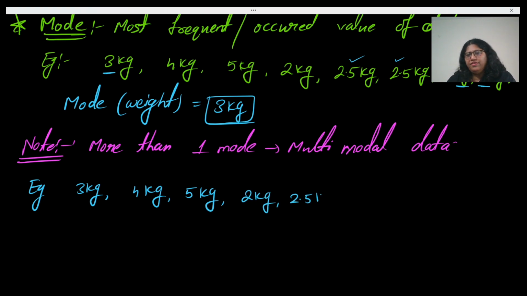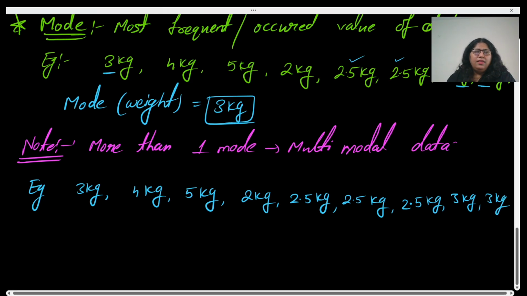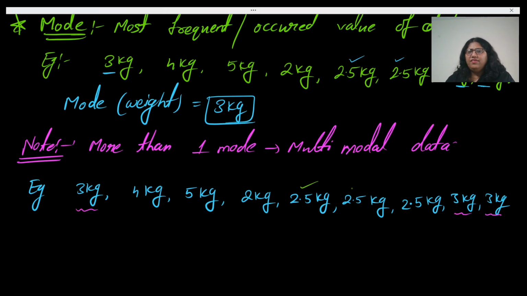Here 2.5 kg, 2.5 kg, and one more time 2.5 kg, and 3 kg and 3 kgs. Now in this data, 3 is coming 1, 2, 3 times, whereas 2.5 is also coming 3 times. You can't decide only one weight as the most frequent value, because they both are coming 3 times.